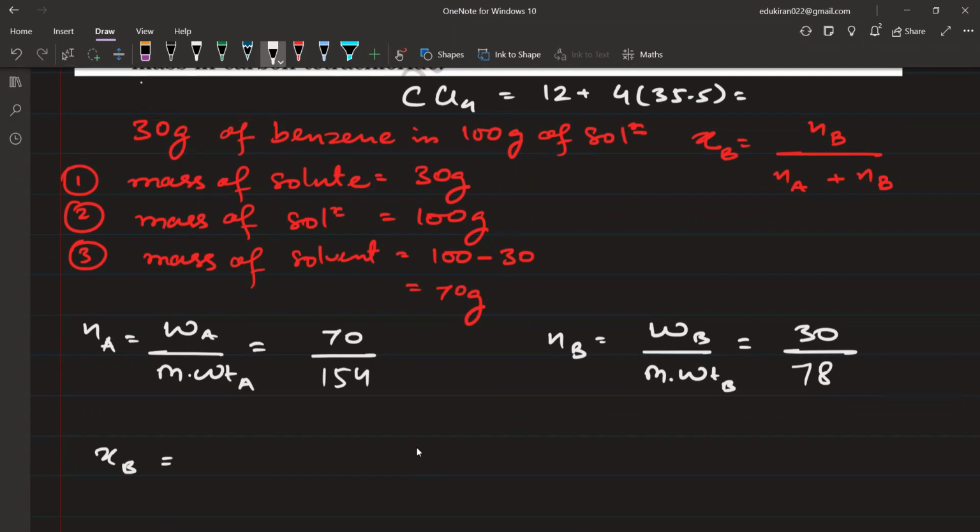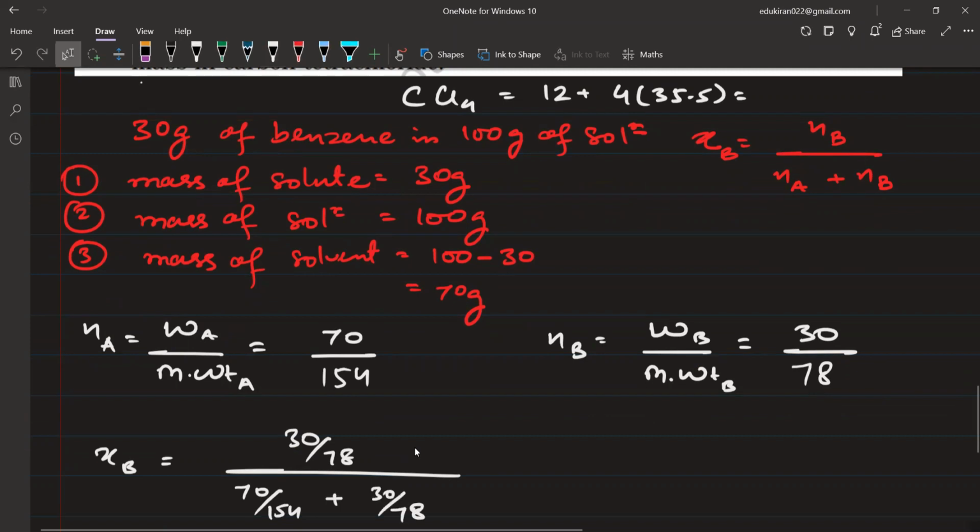Chi B is equal to 30 upon 78 upon 70 upon 154 plus 30 upon 78. है ना? सही है? Yes, sir. Any use of keeping it here? No. There is no use of keeping it here.